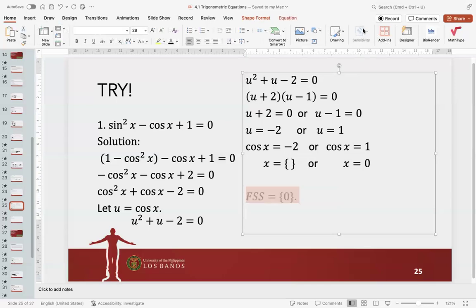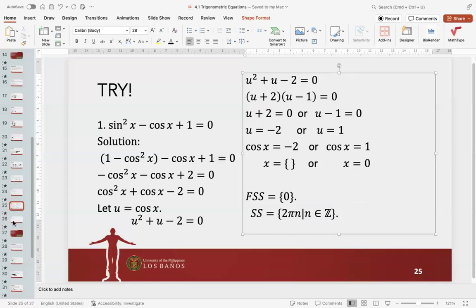And if we wish to get the solution set, that is just 0 plus 2 pi n, or simply you can just write 2 pi n because adding 0 doesn't change a thing, no? Where n is an integer. All right? I hope that is clear.